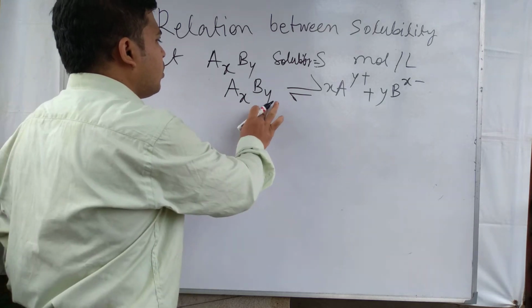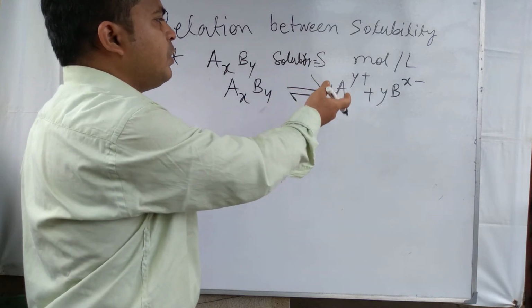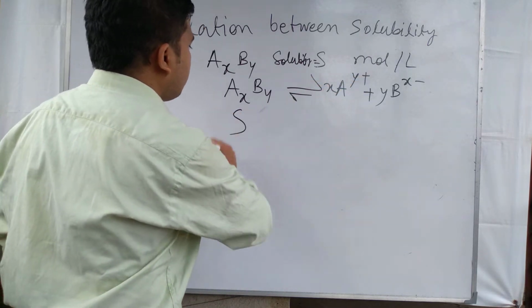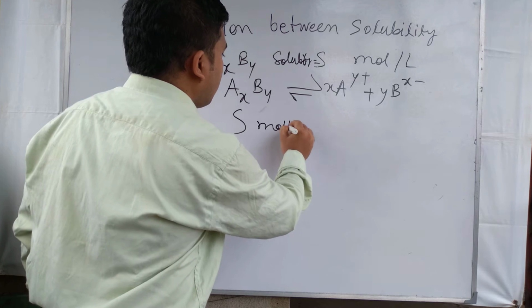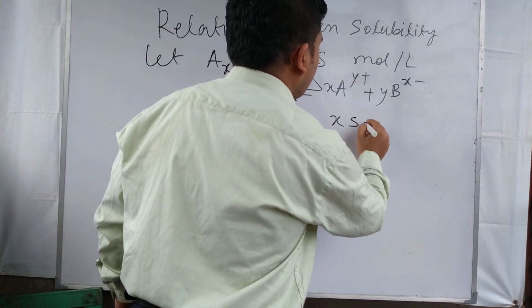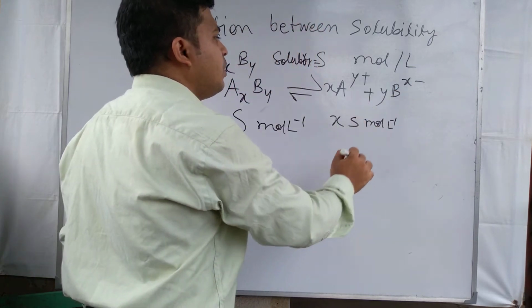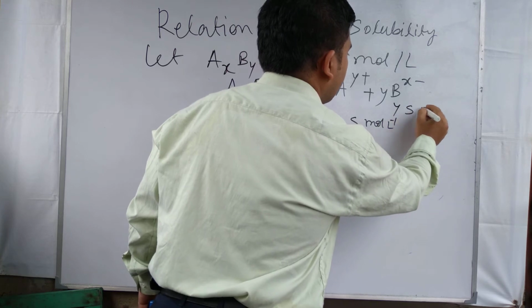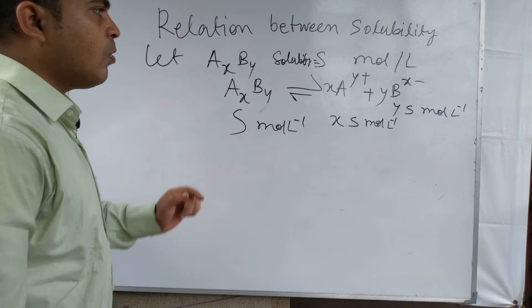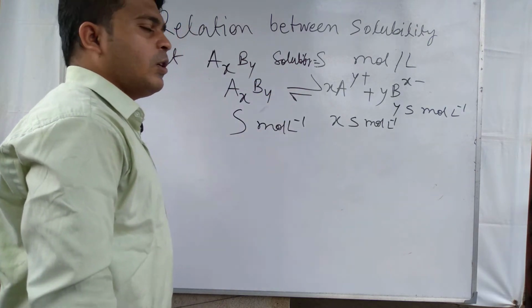It will dissociate as xA^y+ and yB^x-. So if the solubility of the salt is S mole per liter, the concentration of A is xS mole per liter and the concentration of B is yS mole per liter.